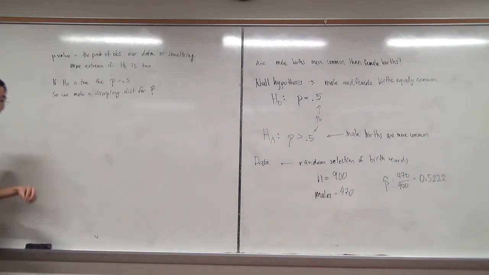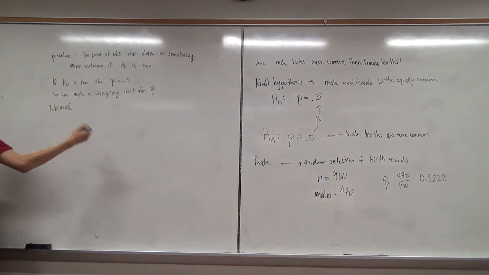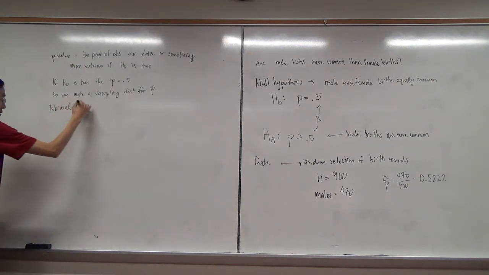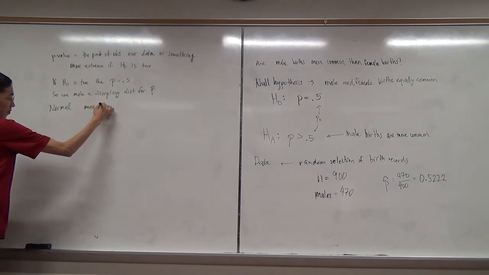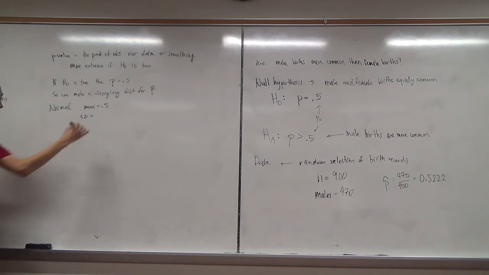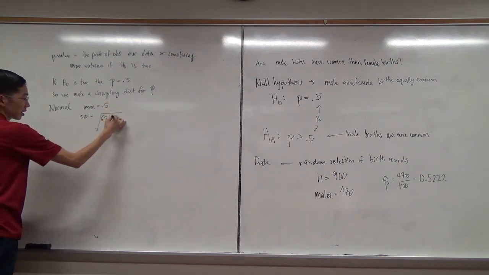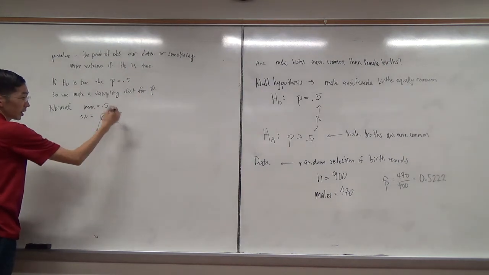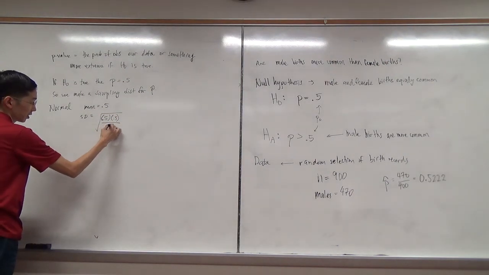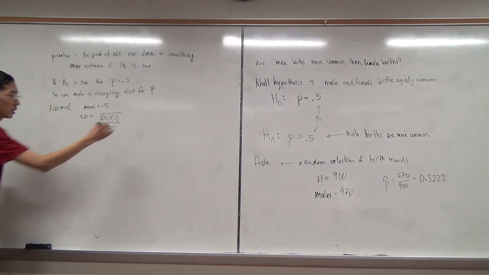Okay? And what would the properties of the sampling distribution be? Normal distribution. And what would be the mean? 0.5. The mean would be 0.5. And the standard deviation would be the square root of 0.5 times 0.5 divided by 900. Okay?